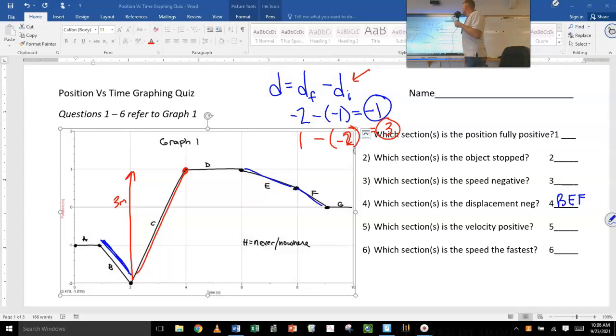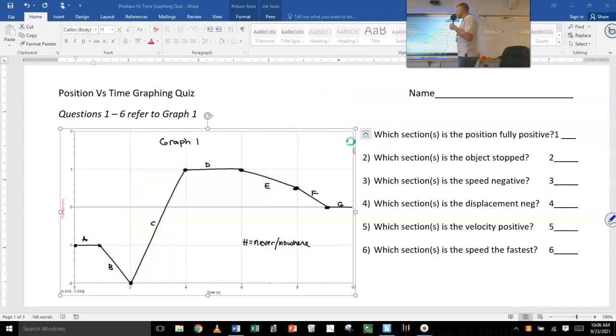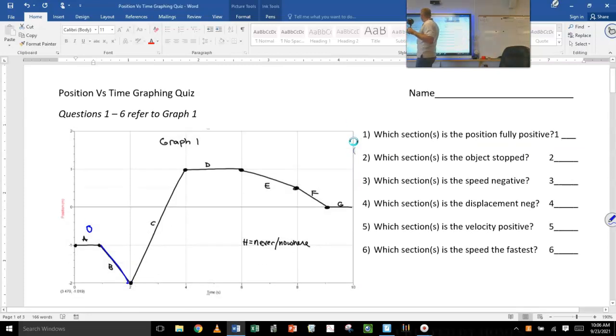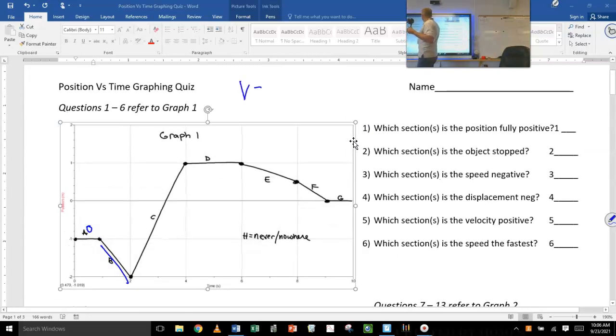Number 5. Which section or sections is the velocity positive? So, part 1, my velocity is 0. Here I've got a negative velocity, and the velocity is just directly related to slope. Up on the board, I have velocity is equal to displacement divided by time.